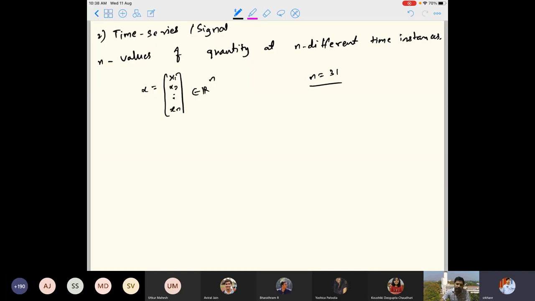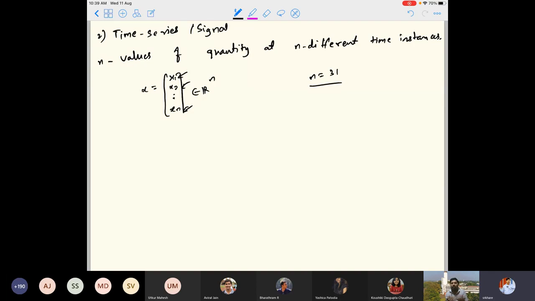So on the first day, second day, third day, up to the 31st day of August, these are the values. You put them in a vector, that becomes your time series, and each entry of the vector has a timestamp: first day, second day, third day, and so on. So that's one more vector that you get. That is an instance of a vector.